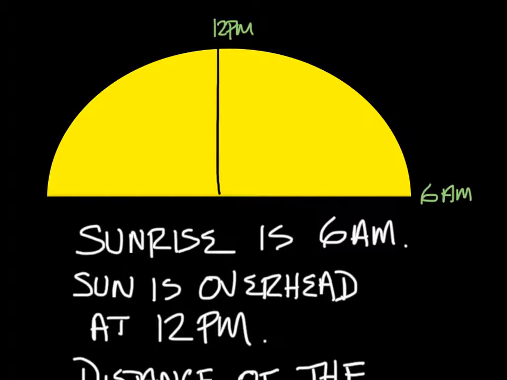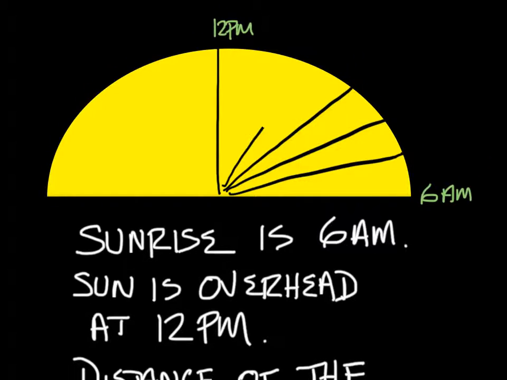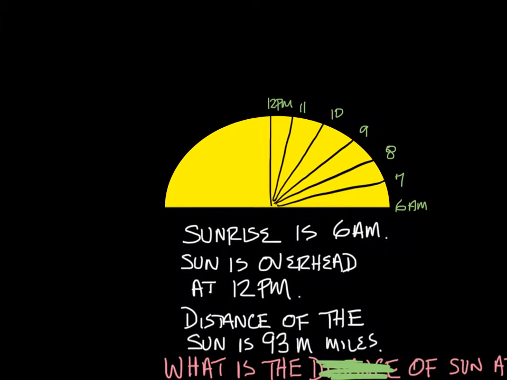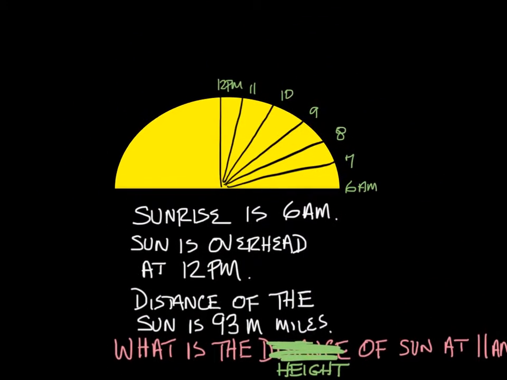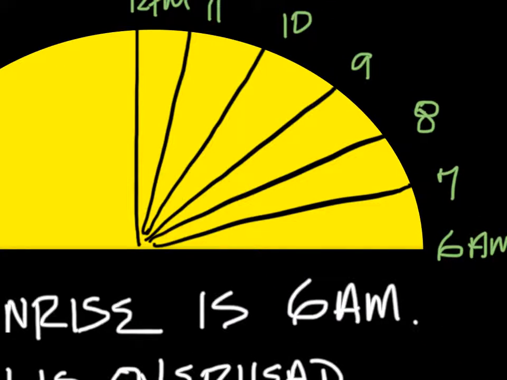So we're going to have this, and these two, and then these two out here. That would represent 7, 8, 9, 10, and 11 a.m. The question is, what is the height of the sun at 11 a.m.? So this is where you would draw your triangle down to here.